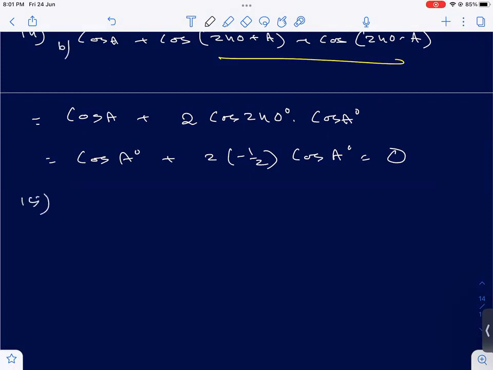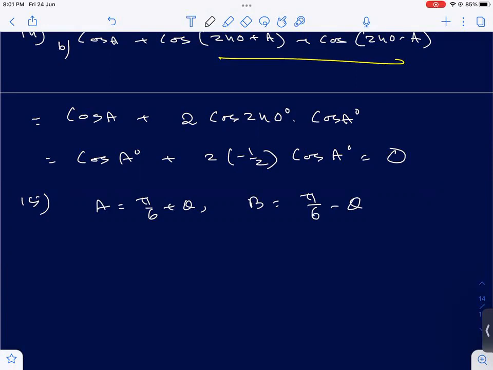Now I am going to the 15. Again a similar type: cos square A minus sin square B, that is cos (A plus B) into cos (A minus B). Here A equals pi by 6 plus theta and B equals pi by 6 minus theta. So we can write this as cos (A plus B) into cos (A minus B).